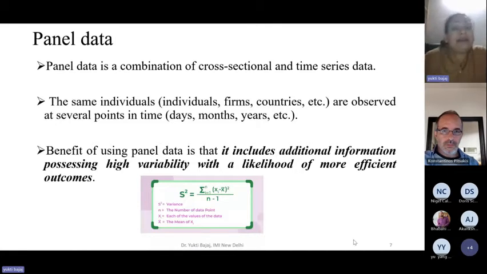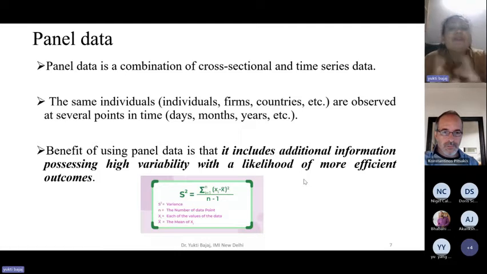The moment you deal with panel data, you've added more data points, more information into the entire gamut. Therefore, it provides you an option of having high variability in the data, which leads to better outcomes, in the sense that the outcomes now are going to be more efficient. I don't know how many of you are aware of efficiency of estimators, so I have one formula written here. Without getting into detail, just to explain how more information will lead to more efficiency: efficiency is when the errors are minimum.